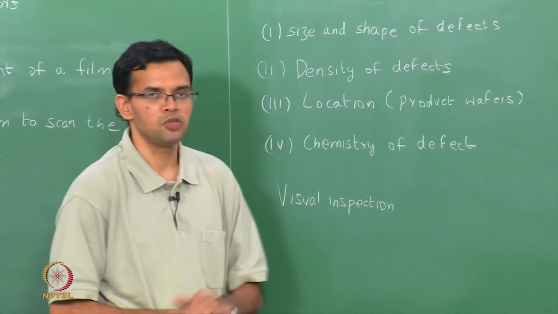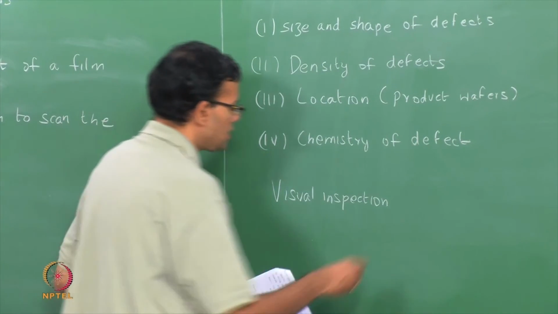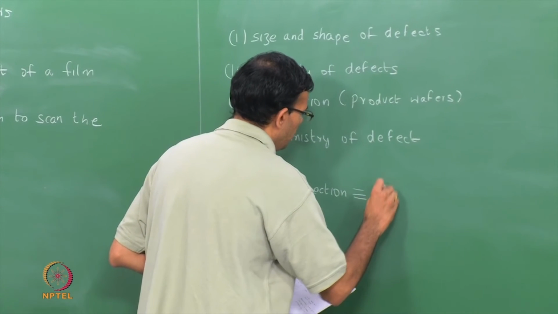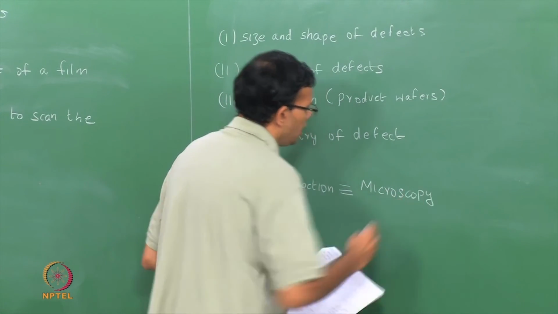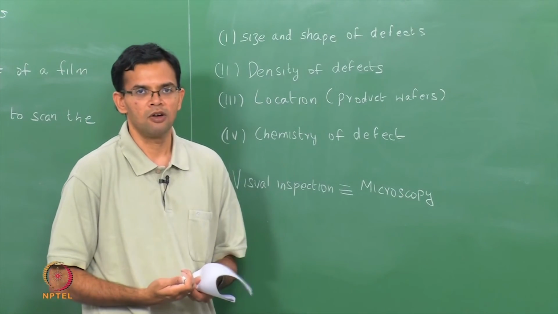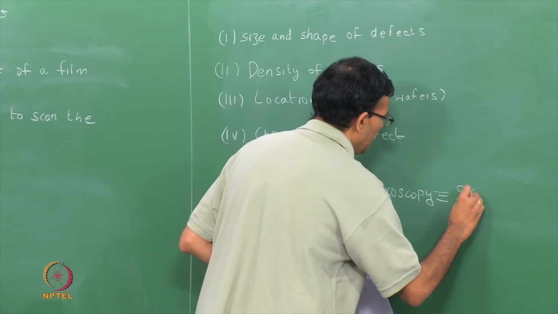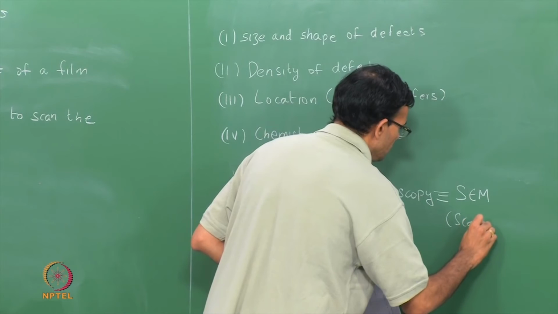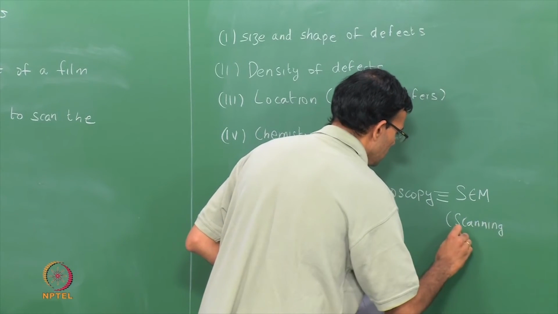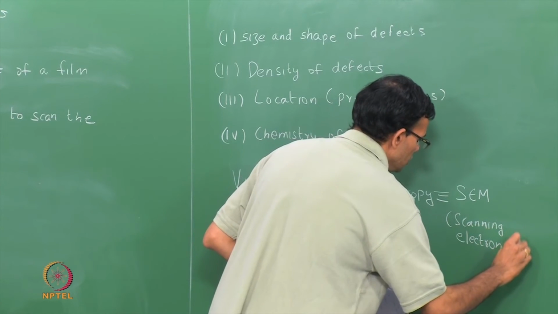So, simple visual inspection with the eye is not possible. So, usually some sort of microscopy is used, and because we have defects of the size of nanometers, usually scanning electron microscopy or SEM is used.